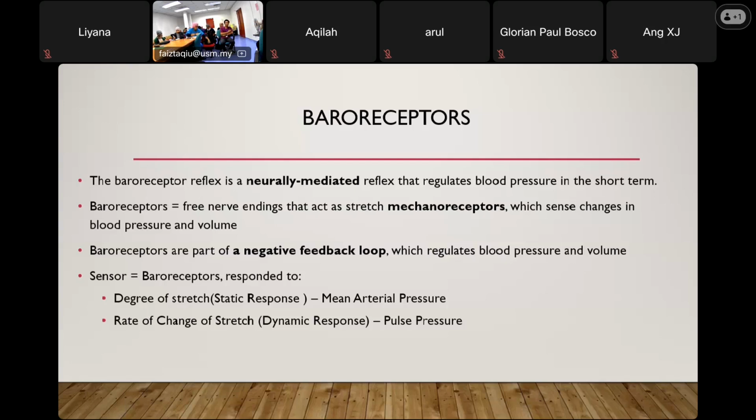Where? At the aortic arch and carotid sinus. Excellent. So reduction in stretch where? Aortic arch and carotid sinus.